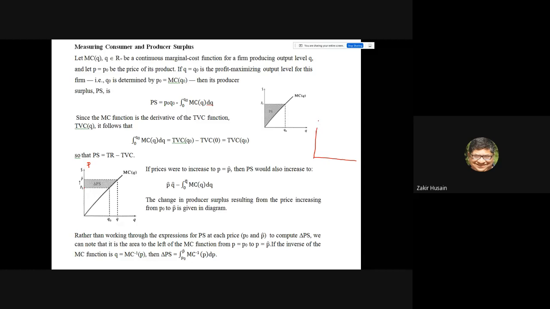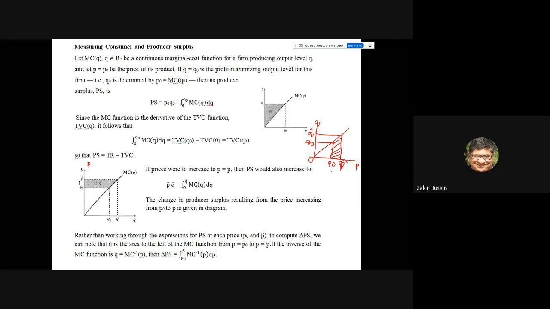So we can plot it like this. What is this area? This area is simply this.